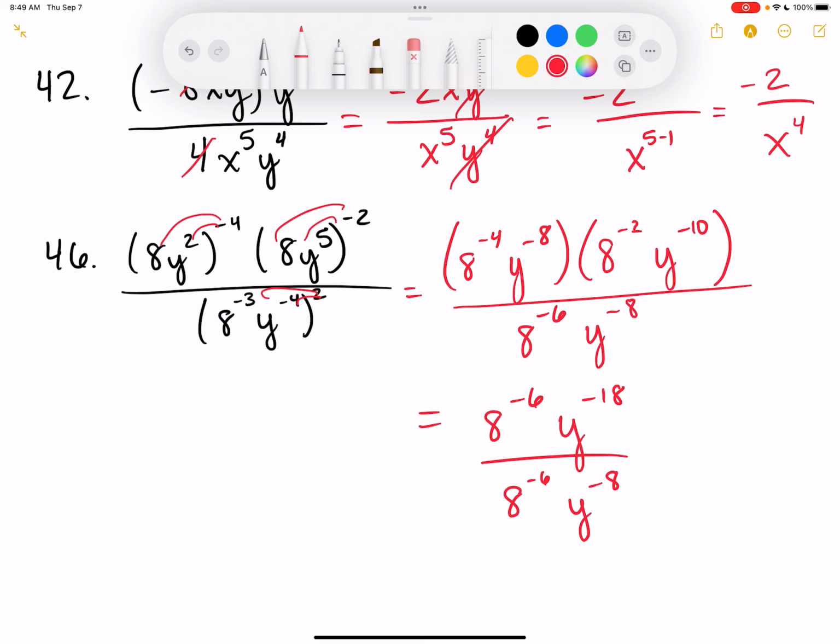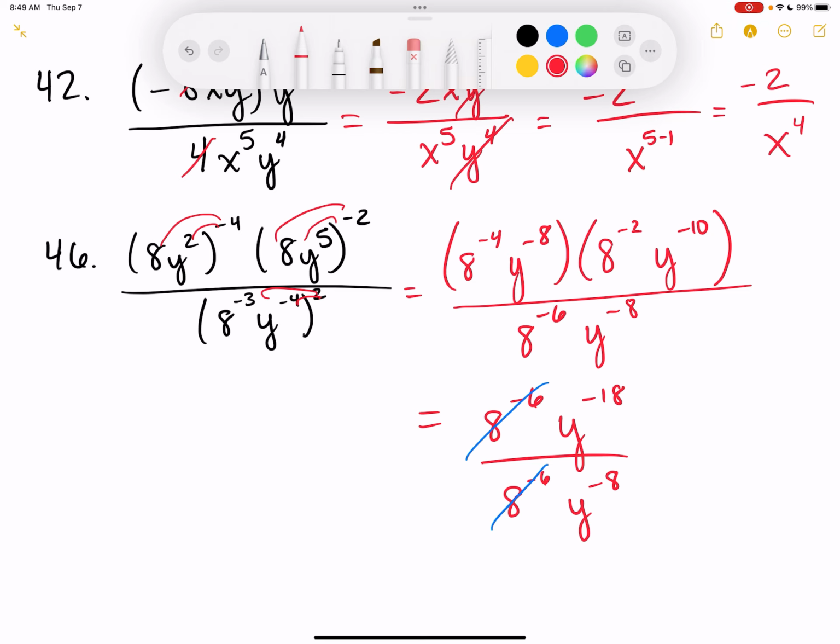So just like the last one, I had the same thing top and bottom. I have 8 to the -6 on the top and on the bottom. I can just go ahead and cross that out. And when moving exponents, it's tempting to always want to move them to the top.